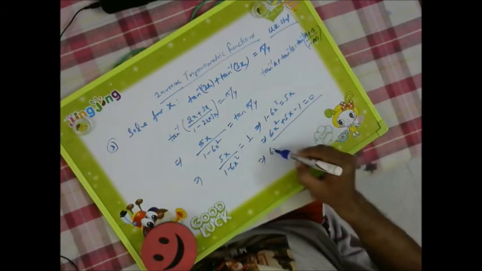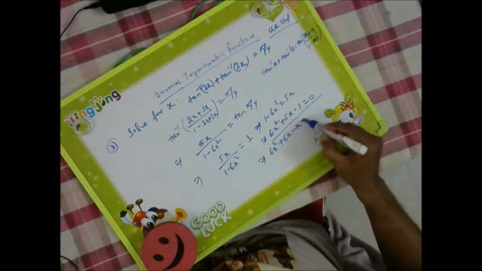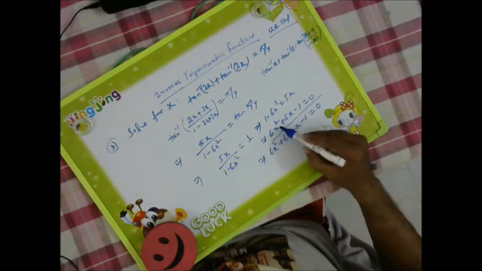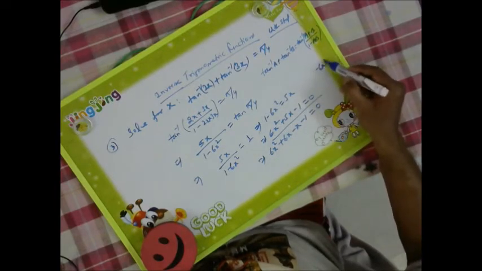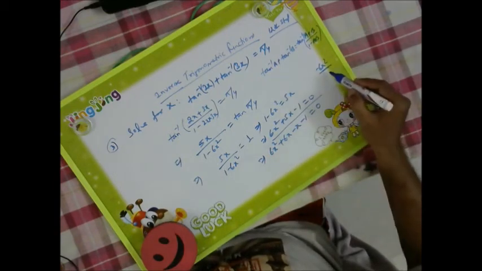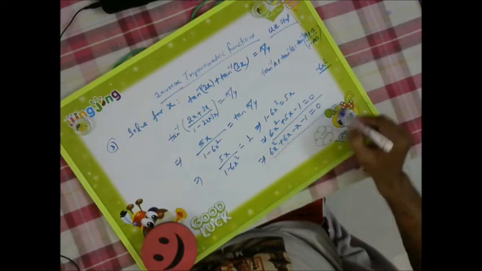Let us go for factorization. So 6x square plus 6x minus x minus 1 is equal to 0. Why? Because 5x is there. 6x square into minus 1 gives us minus 6x square, and we need the multiplication 6x times minus x as minus 6x square, and 6x minus x we will get 5x. So it is fulfilling the criteria.